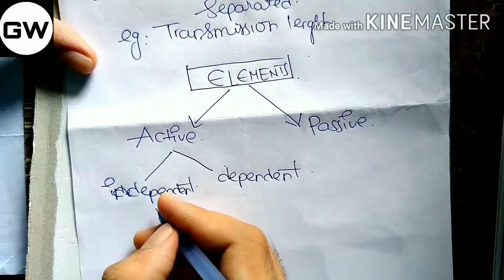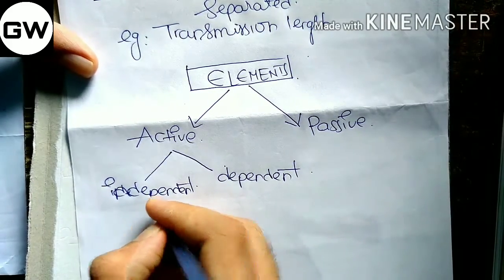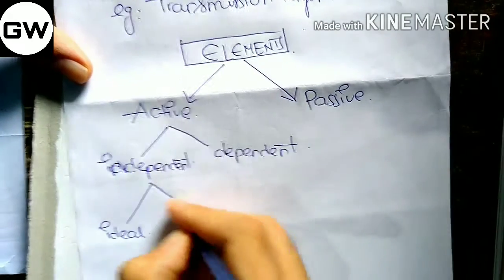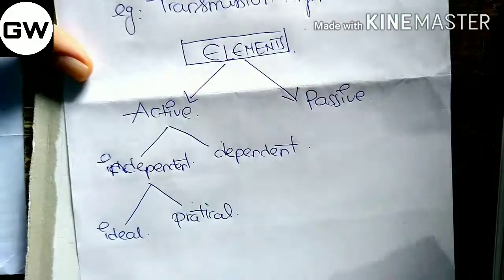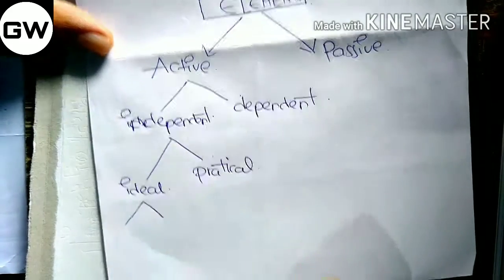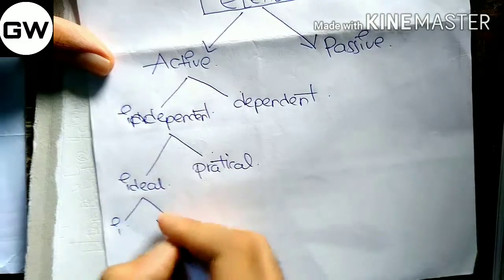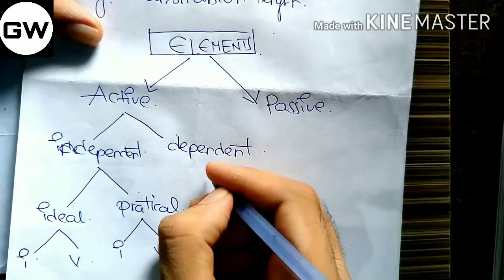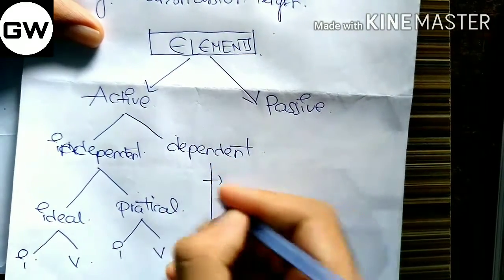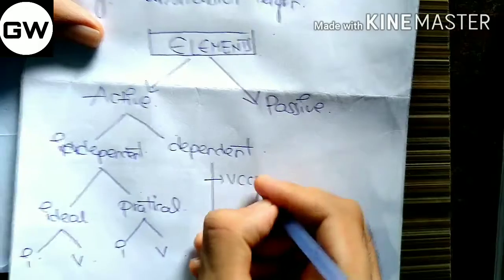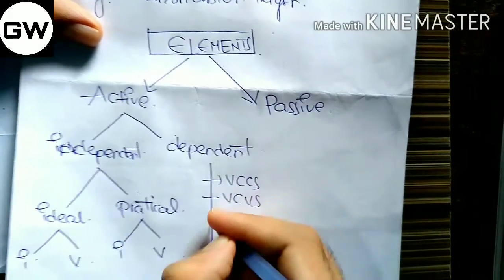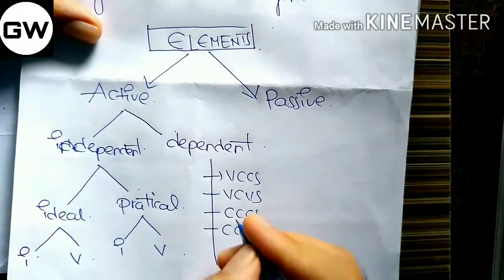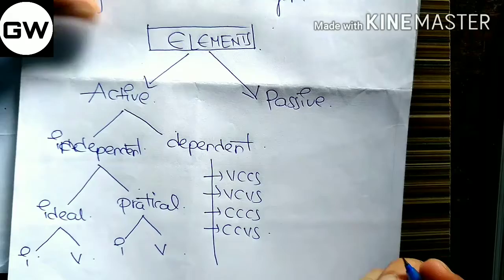The independent group is again classified into two types, ideal elements and practical elements, that is, ideal current source, ideal voltage source, practical current source and practical voltage source. Whereas the dependent elements are classified into four categories: voltage controlled current source, voltage controlled voltage source, current controlled current source, and current controlled voltage source.